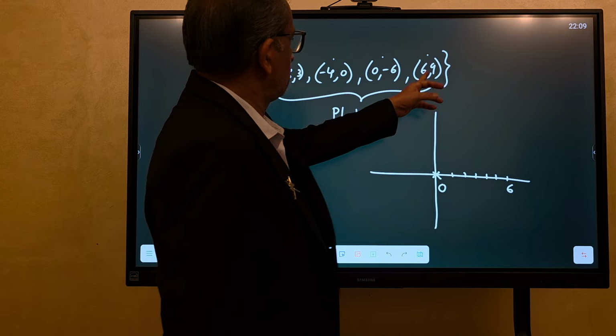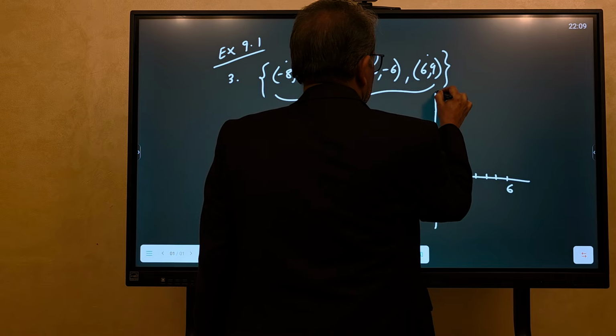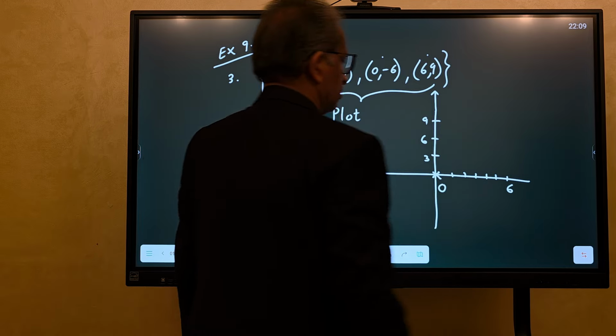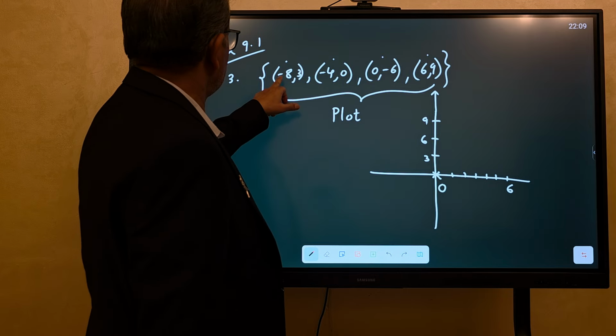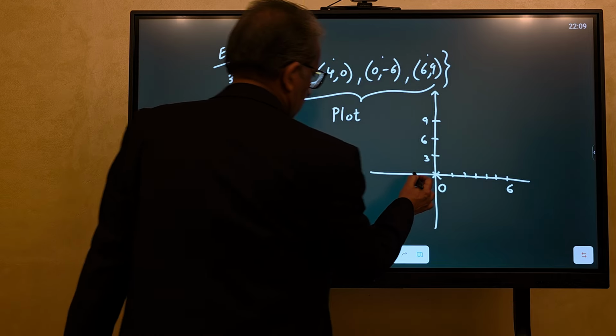And then you have y coordinate 9, in this direction. So let's say 3, 6 and 9. Then you see here negative: -8 is the x coordinate.